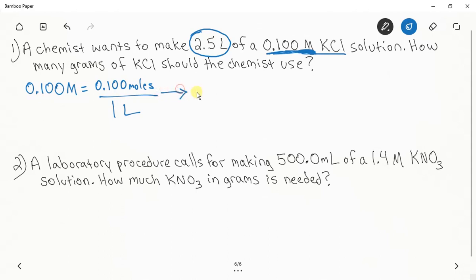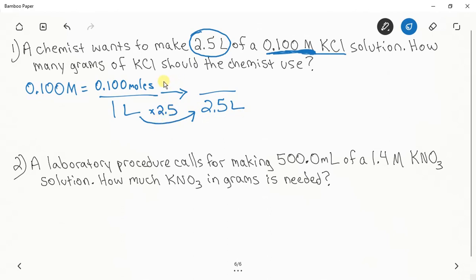The chemist wants to make 2.5 liters of solution. So, in order to get the liter to 2.5, don't we need to multiply it 2.5 times because we're making more?